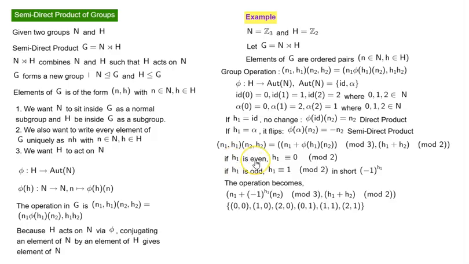If H1 is even, H1 is equivalent to 0 mod 2. If H1 is odd, H1 is equivalent to 1 mod 2. Or we can combine these two and say minus 1 to the power of H1. So see here, minus 1 to the power of 0 will give us what? 1. And minus 1 to the power of 1 will give us minus 1.